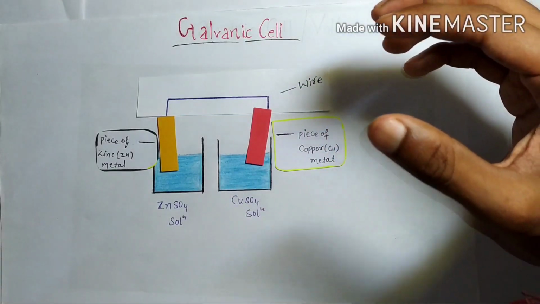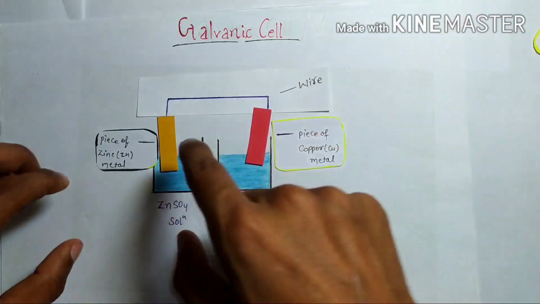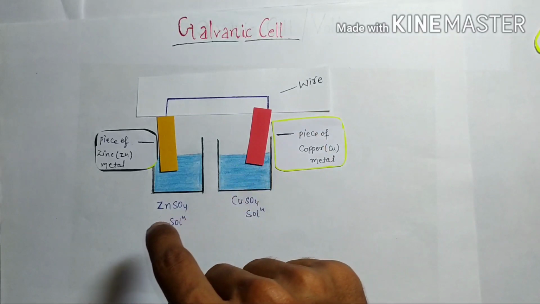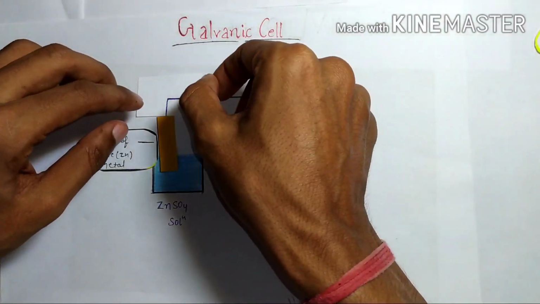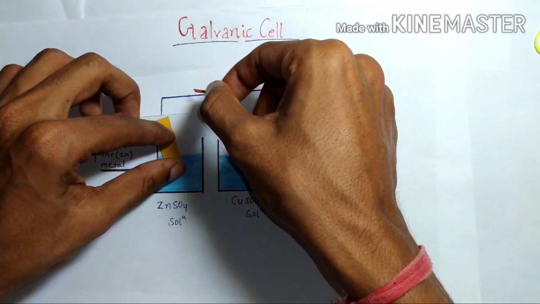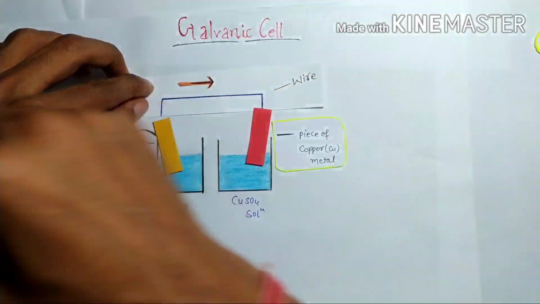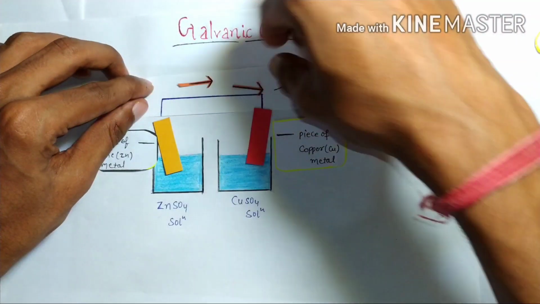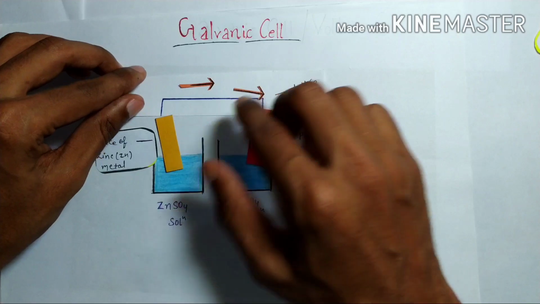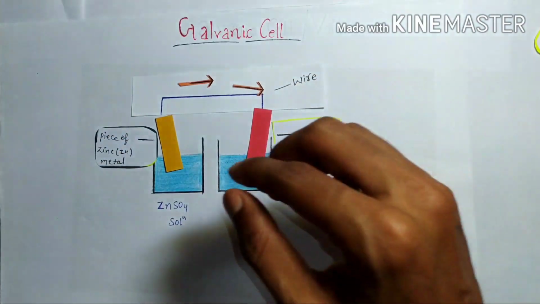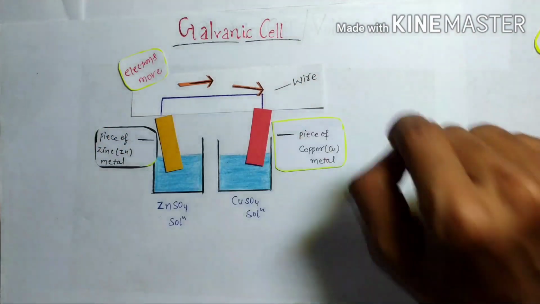We have seen that after connecting the wire, the electrons are flowing in this direction. Right? The electrons are moving in this direction.